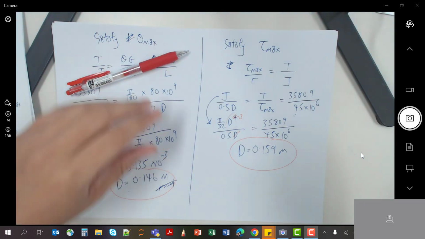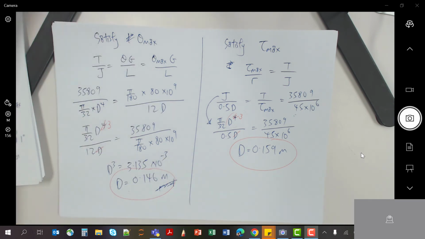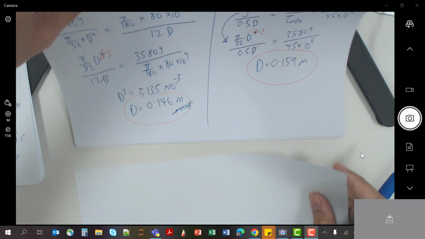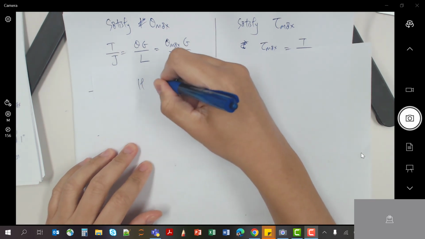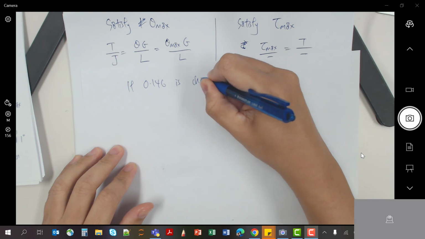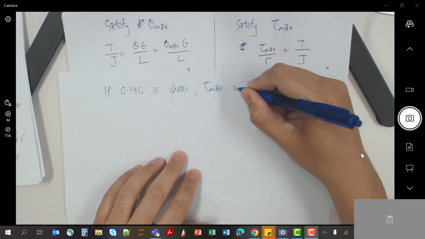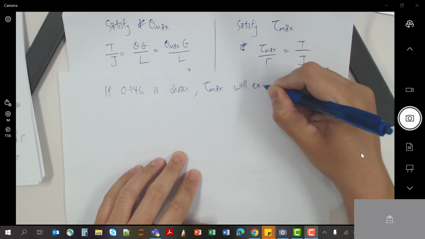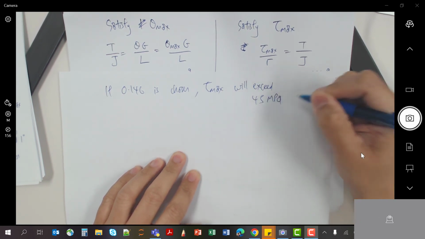Okay, so to put it simply, if 0.146 is chosen, tau max will exceed 45 megapascal.